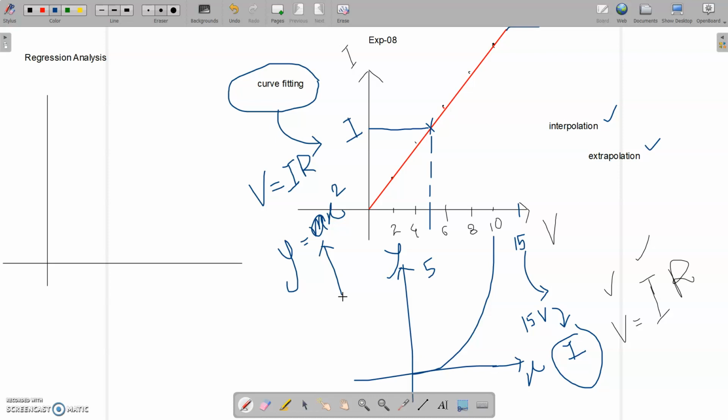Now let's look at a different idea. Say for example you want to rent a house in Uttara.